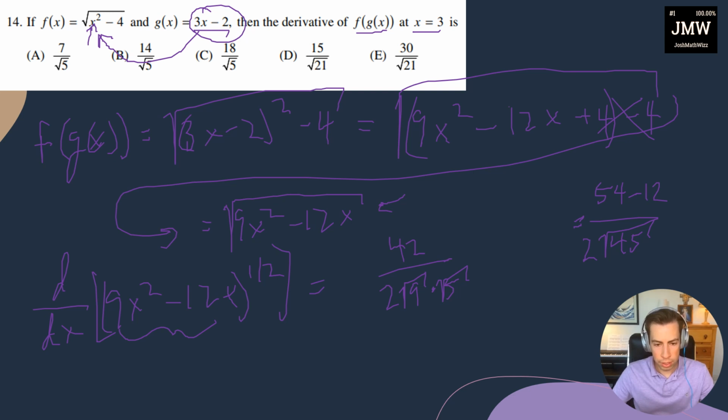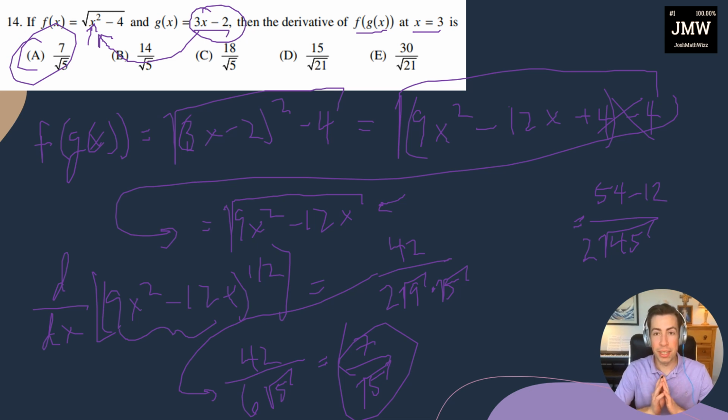So I will have 42 divided by 6, because 3 times 2 is 6, multiplied by the square root of 5. Finally, I know that 42 divided by 6 is 7, so I will have 7 over the square root of 5. That is going to be answer choice A, which is in fact the correct answer.